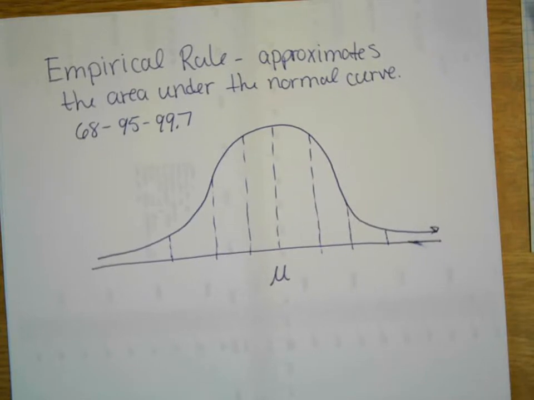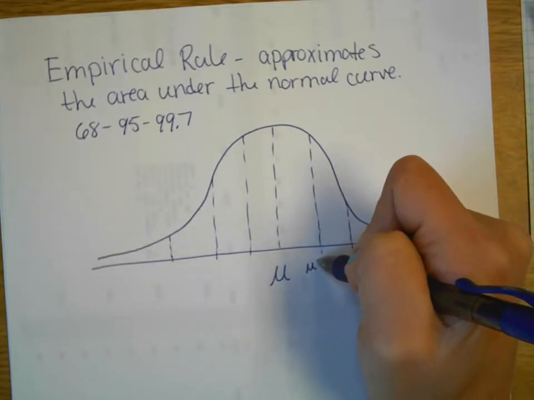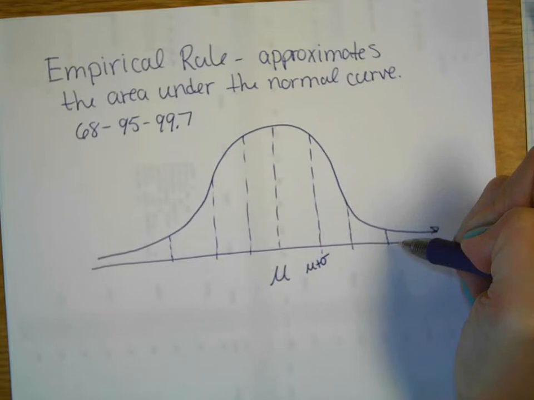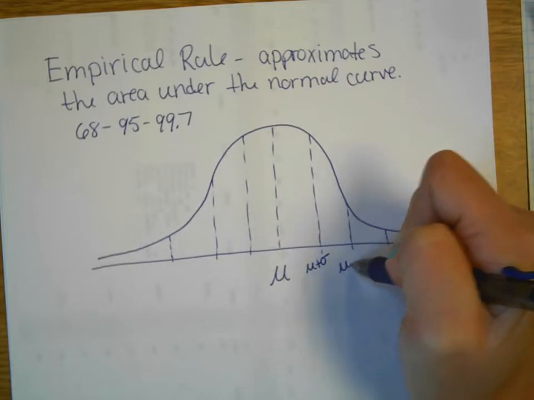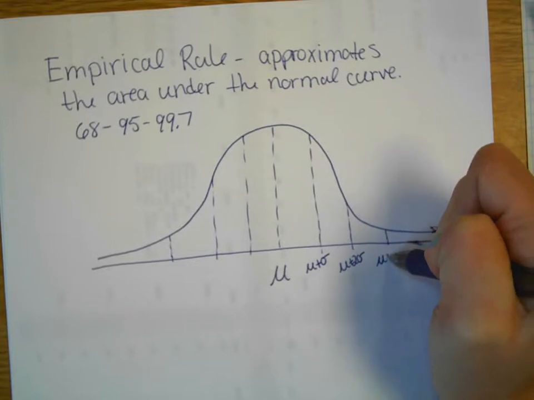Each of those are 1 standard deviation apart. So this one is the mean plus 1 standard deviation, mean plus 2 standard deviations, and mean plus 3 standard deviations.